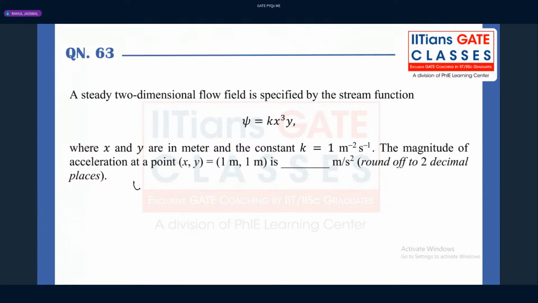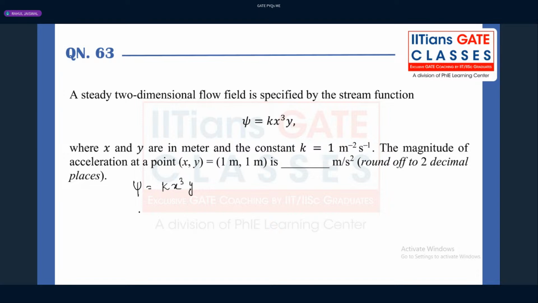Whenever they have given the stream function, which is equal to k times x cube into y, with the help of stream function, guys, tell me how to find the velocity component. So you know what is the definition of the stream function?